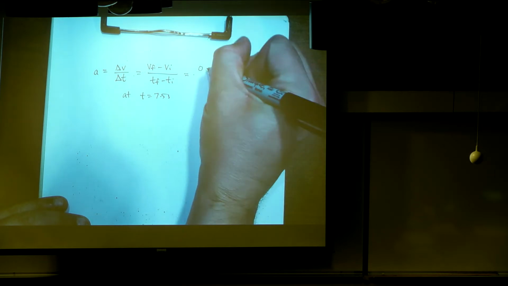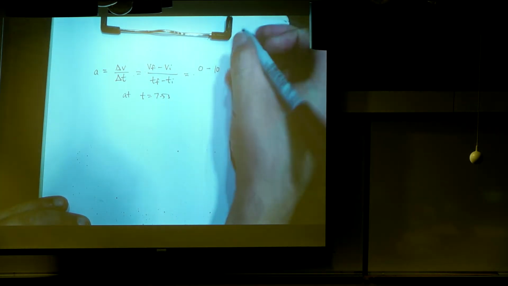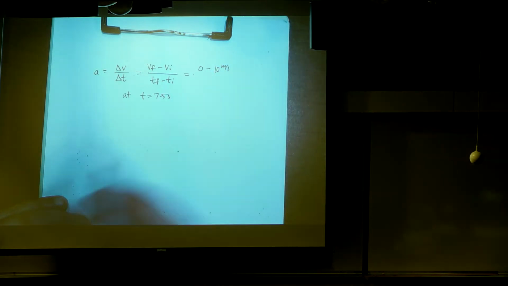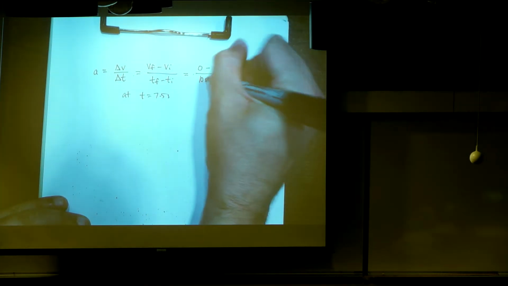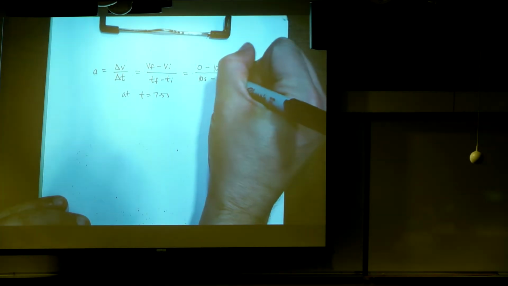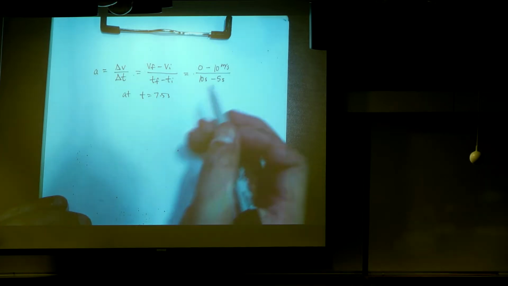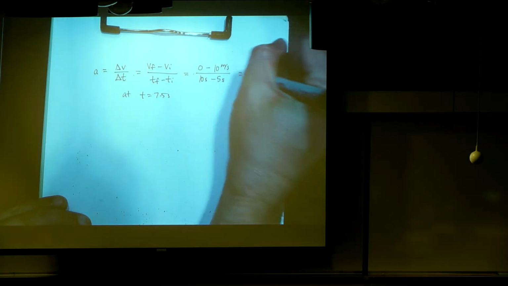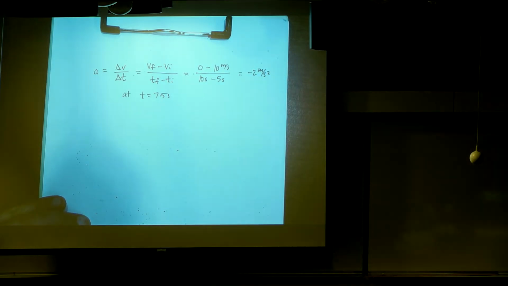And do you remember where we started at? 10. So that was my v initial, right? 0 minus 10 is my change in velocity. And well, my t final was 10 seconds, and my t initial was 5 seconds. So it looks like I have minus 10 divided by 5, so that's minus 2. And look, the units are meters per second squared, okay?